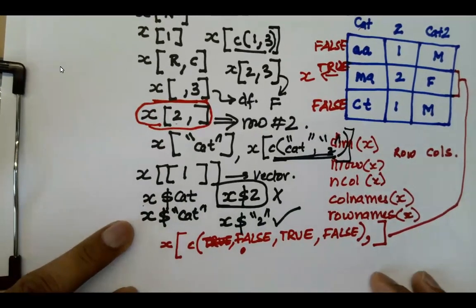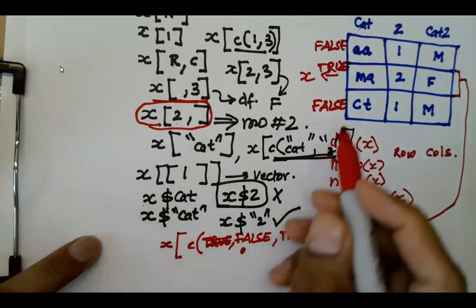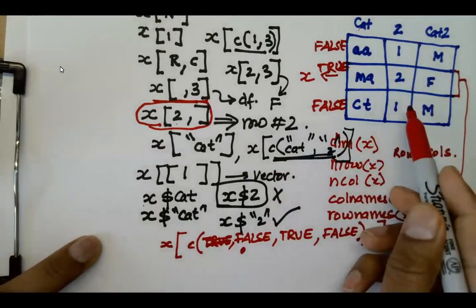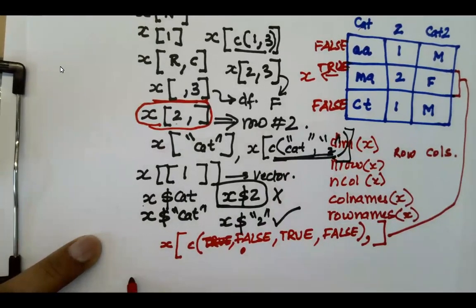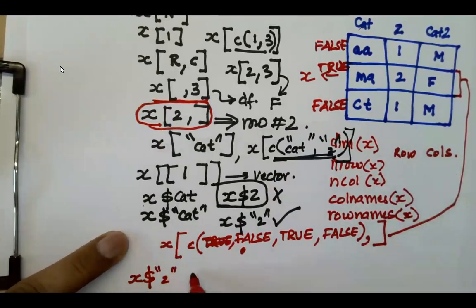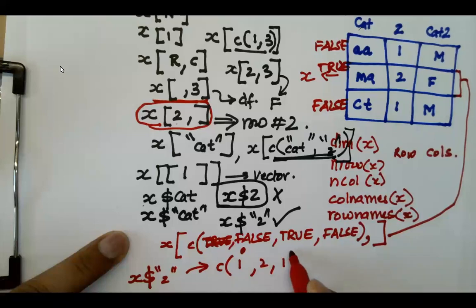Let's first subset only column 2 as a vector. For that we can say $2. The output of this would be a vector which is 1, 2, 1. We are just subsetting this column, 1, 2, 1.